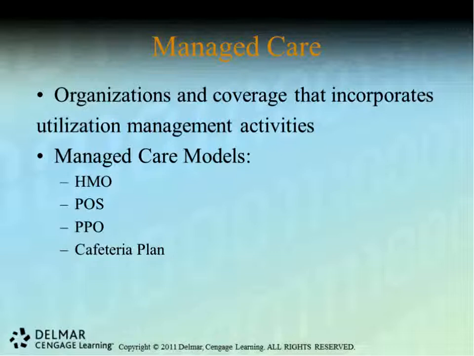So the important thrust about managed care is that the services have to be medically necessary and appropriate in order for the services to occur. And they have that person or that mechanism to make sure that happens. And that's what managed care organizations are about.